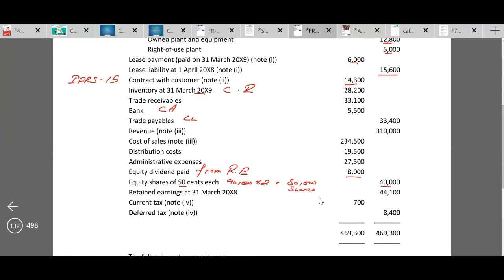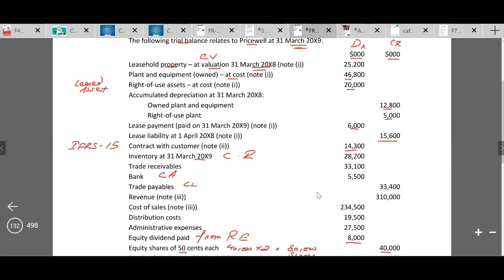And remember, this 40,000 represents the balance. Retained earnings is 44,100. Current tax is given on the debit side, so it's under provision, which increases the current year tax charge. Deferred tax is the opening balance of the deferred tax, which is 8,400.